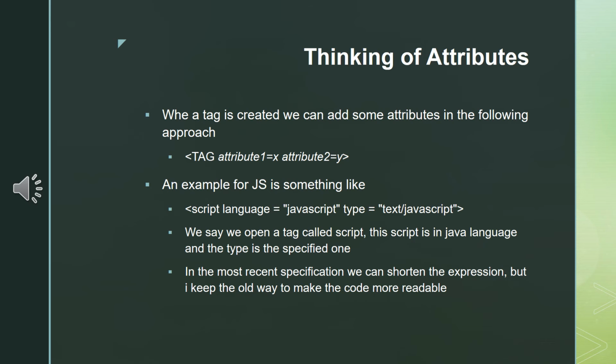I would suggest you to specify that the language is JavaScript and the type is text/javascript. The old way and the most recent way can shorten this tag, but I would suggest you not to do it, because essentially it's clear, it's simple, it's a very short line that you can remember and it just helps us to be clear on what we are doing.